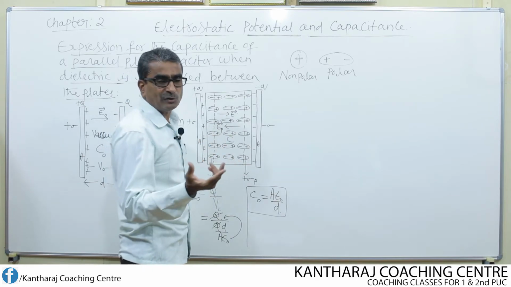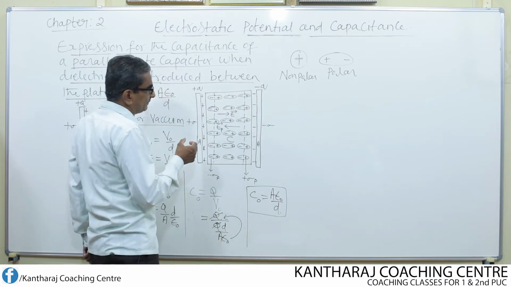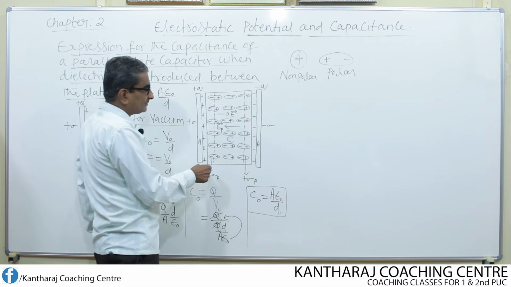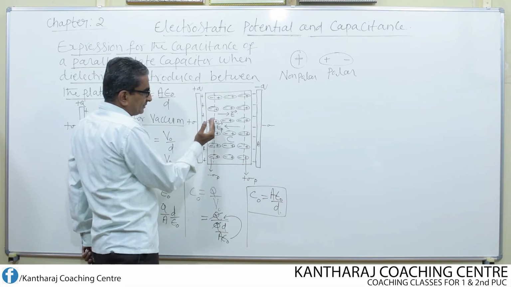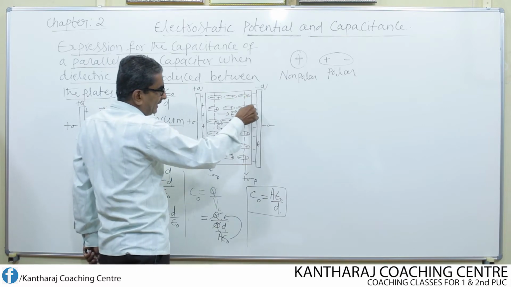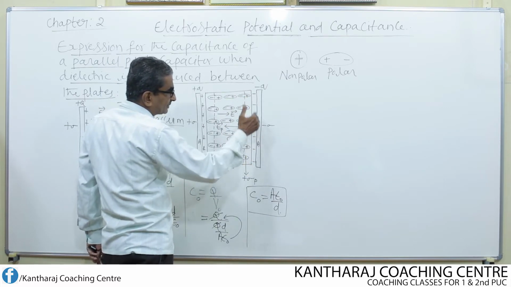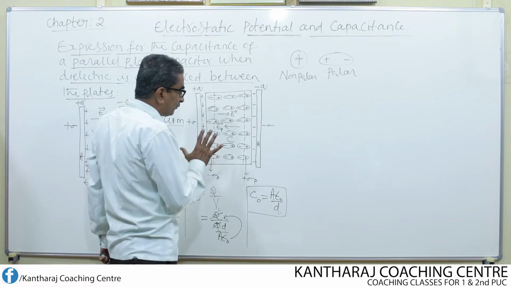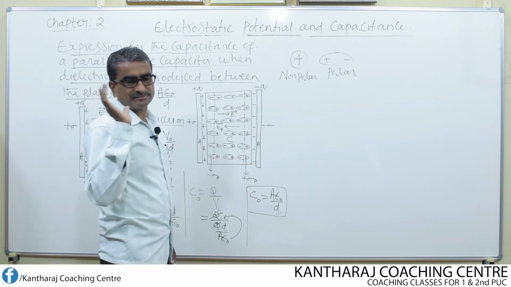And also we can notice one more thing. A layer of negative charge is produced towards the positively charged plate and a layer of positive charge appears towards the negatively charged plate. This is because of polarization of dielectric.